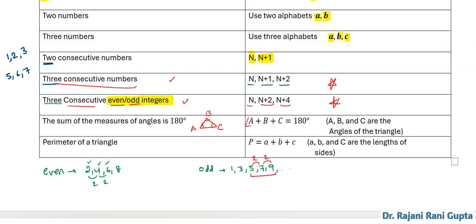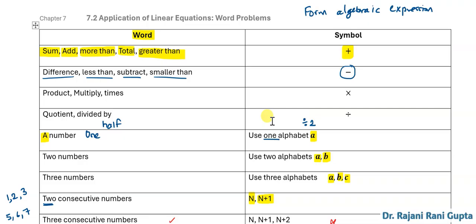So angle A plus angle B plus angle C is 180 degrees. For the perimeter of a triangle, if your triangle has sides of length A, B, and C, the sum of the lengths of the sides is called the perimeter, which we denote by P, and P is A plus B plus C. Clear?